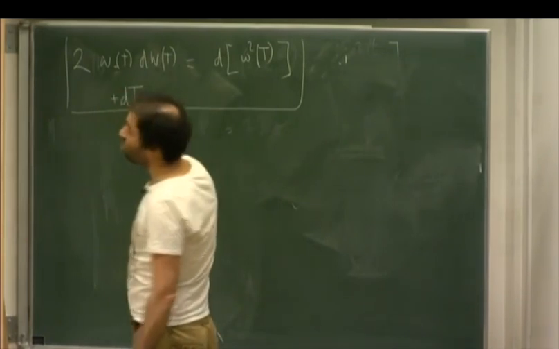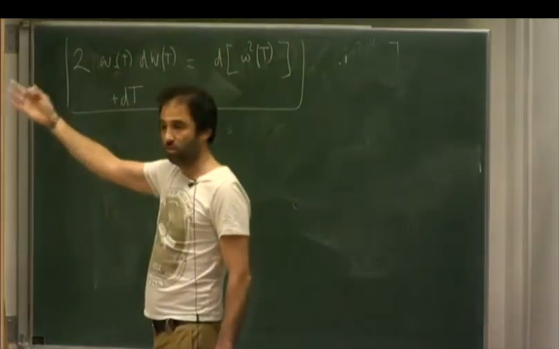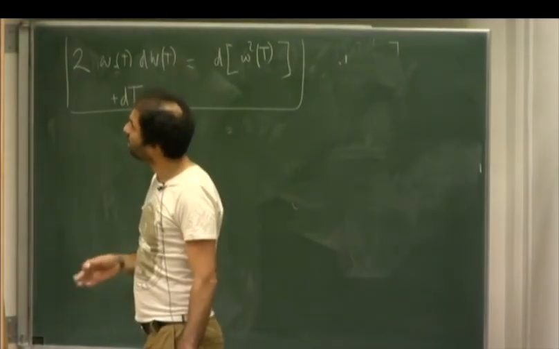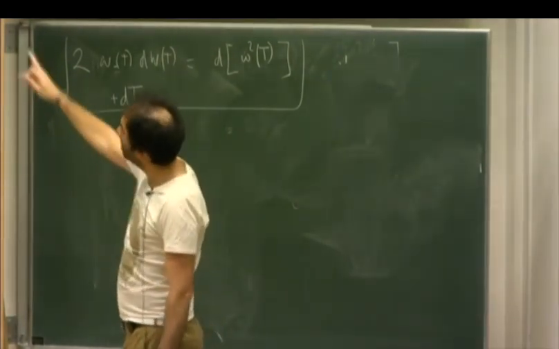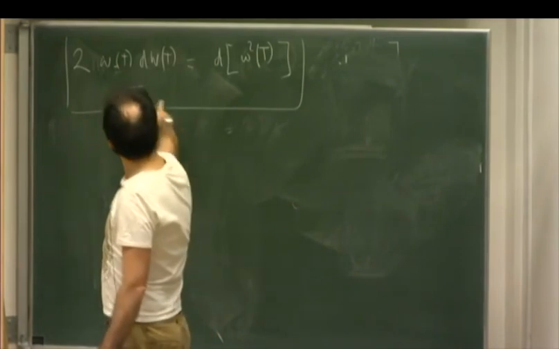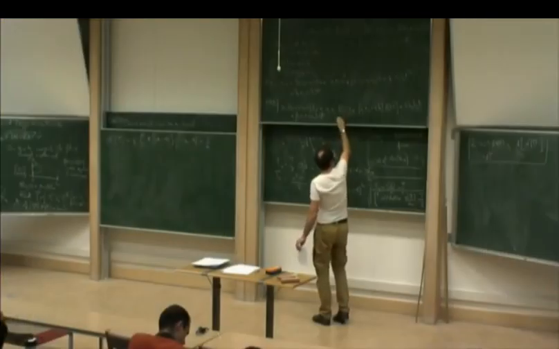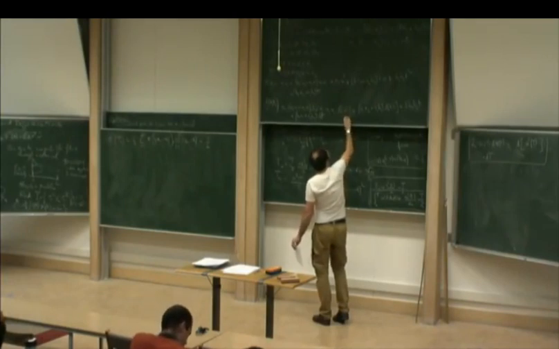And so you start to see the difference between the classical calculus and the new Ito calculus. This is where it comes about and how it propagates. So this gives us 2 omega d omega plus dt.